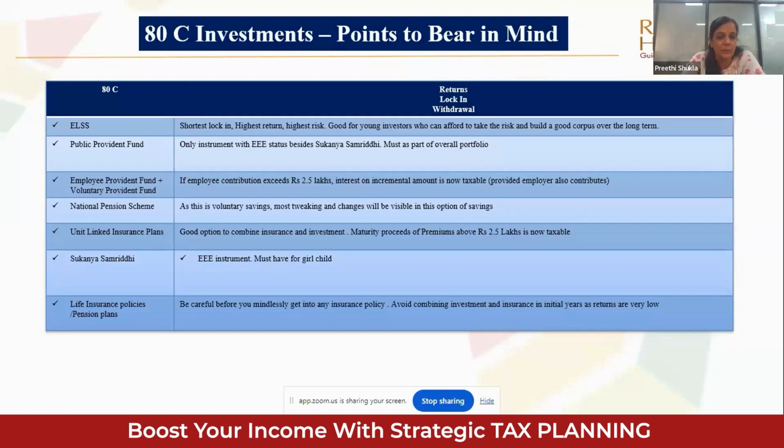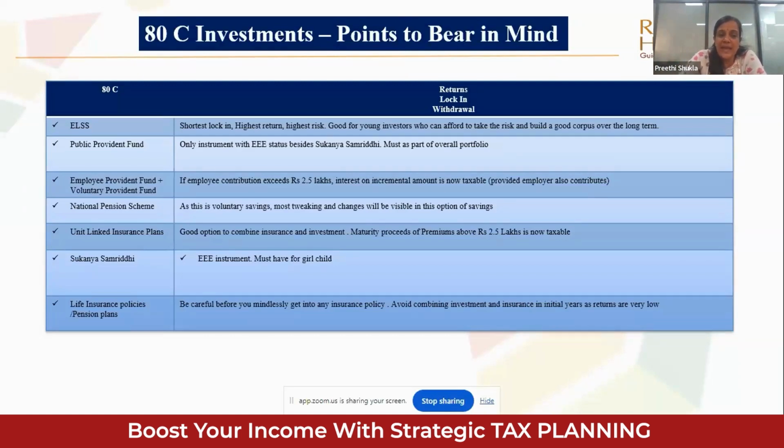It is a taxable component. So if your organization gives you the flexibility to restructure your salary, do so, and you could move to another investment avenue like NPS or some other option. National Pension Scheme, we are going to talk about it in detail, so I'll skip for now.